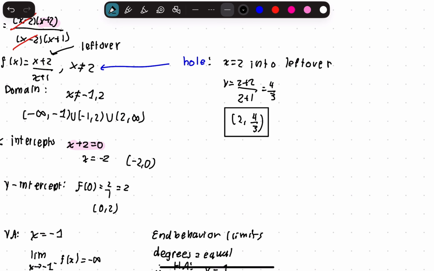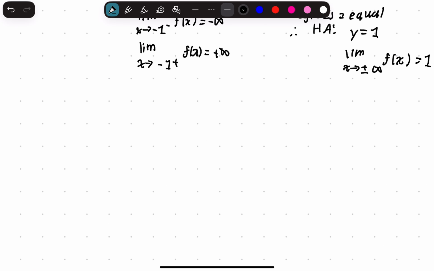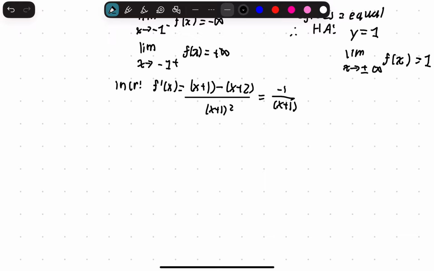So now we want to also determine when this function is increasing and decreasing. Well, we know f prime of x is going to equal [(x plus 1) minus (x plus 2)] divided by (x plus 1) squared. And that's going to equal negative 1 over (x plus 1) squared.